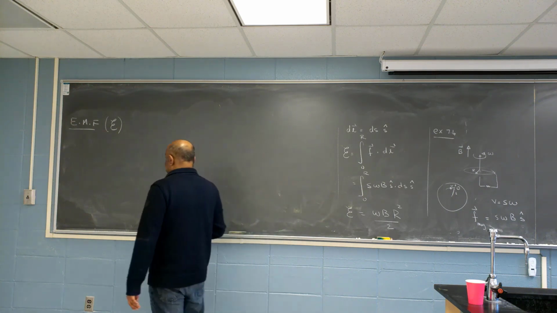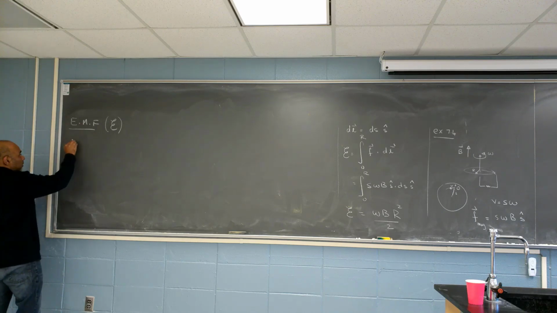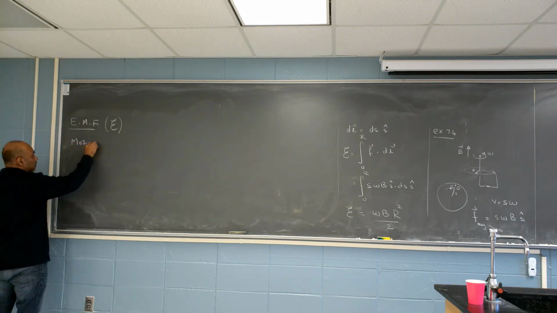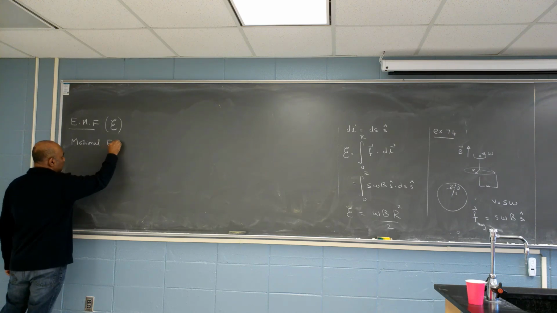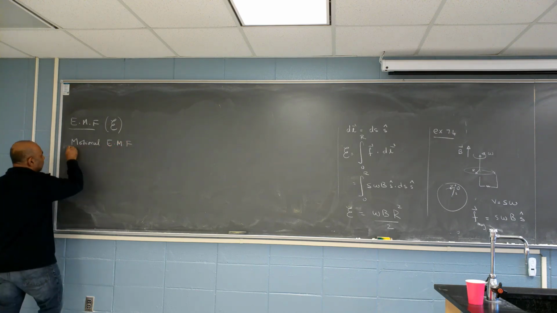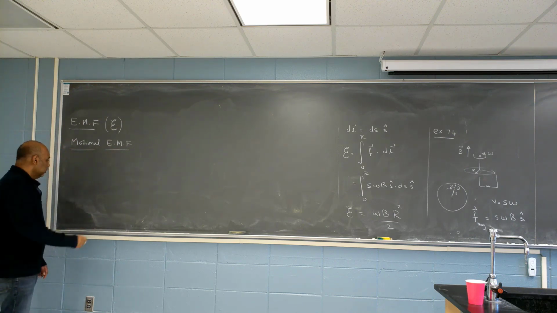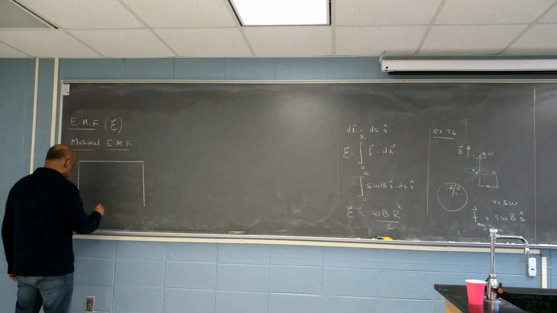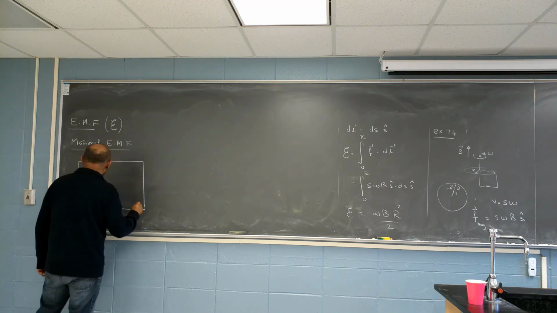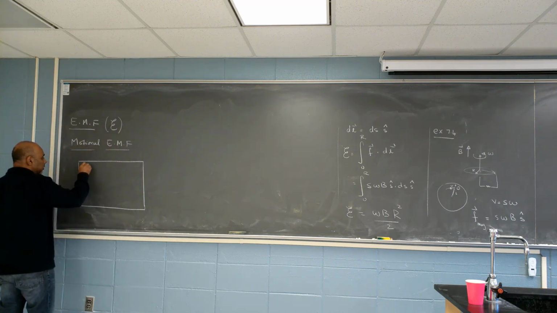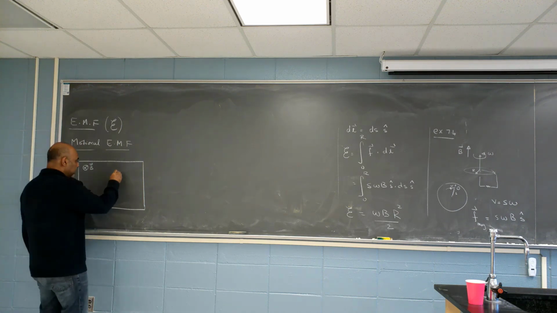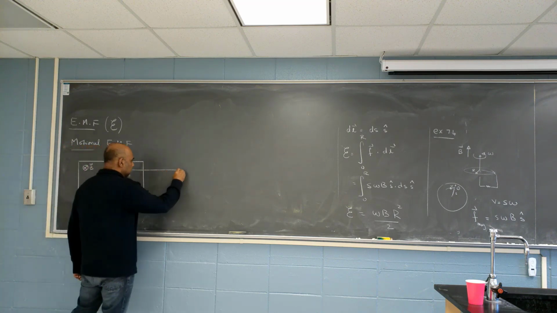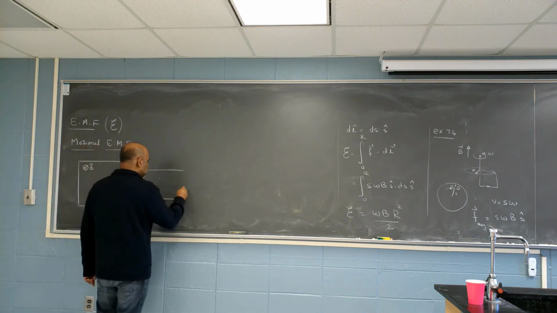So what we're going to do now is exactly what I just mentioned, motional EMF. Well, I think that's just the title. It's not a grand old title. It's just somewhat descriptive. So what we have is a uniform magnetic field in a certain region, in this region. So there is magnetic field into the board. Okay? And then you have a loop. The loop extends a little bit to the outside.